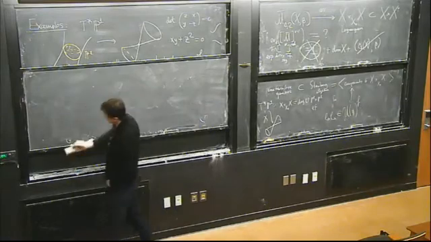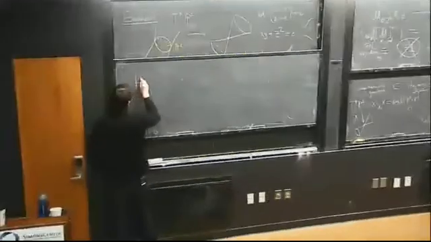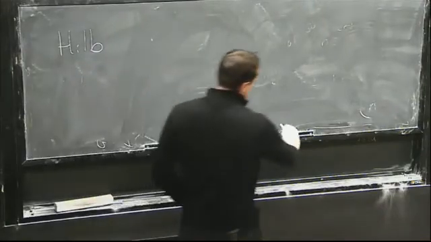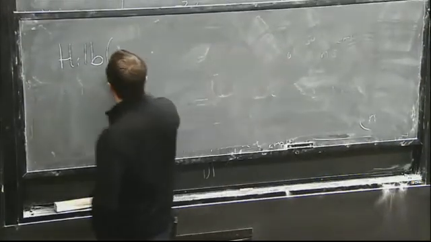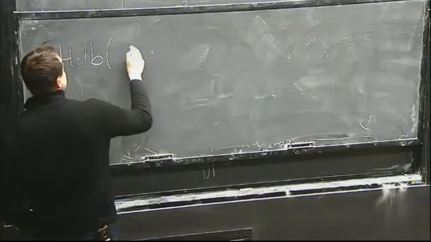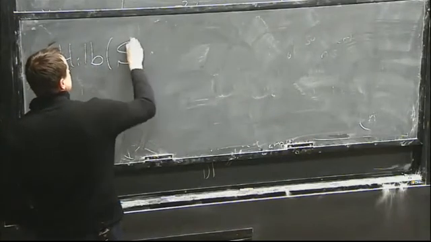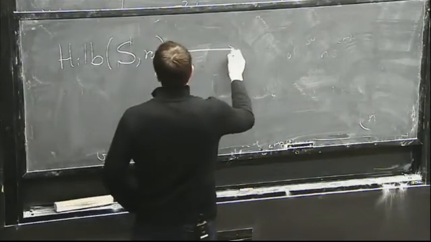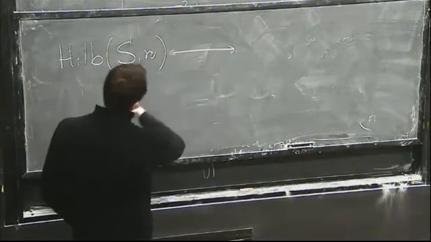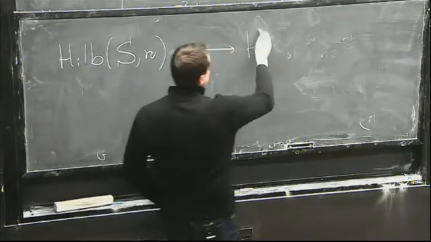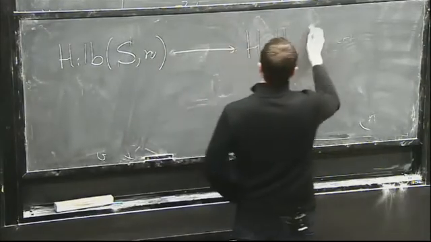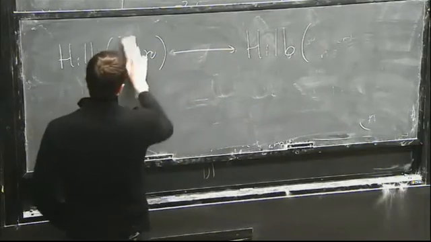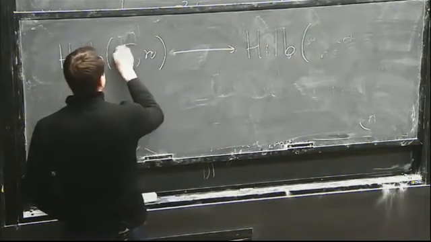Another example is if you have a Hilbert scheme of points, say of a surface S, or the plane. Then there are operators, in cohomology.